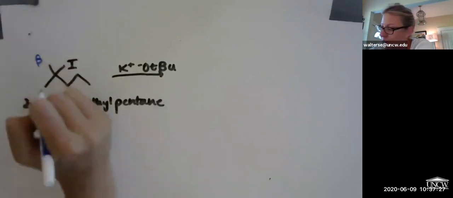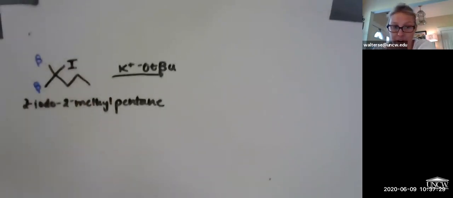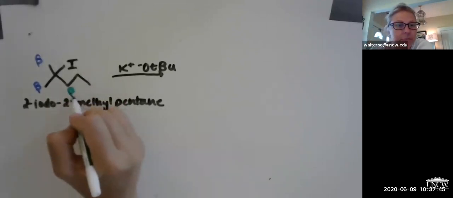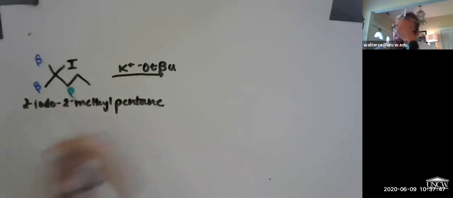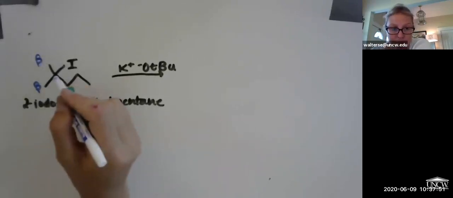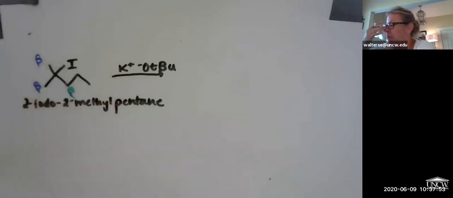This beta carbon is exactly the same as this beta carbon. They're both methyl carbons, they're both primary. The green one in here is secondary. It doesn't matter which of the two beta positions you pull from, because the product will be the same.